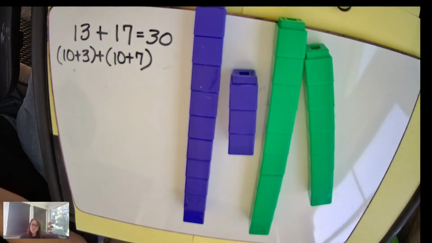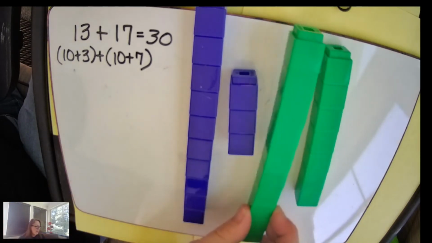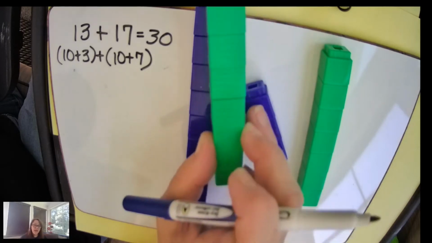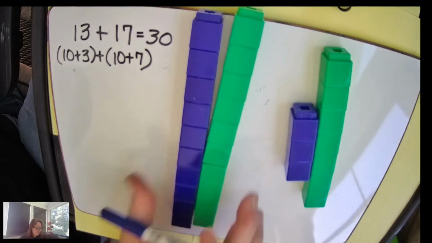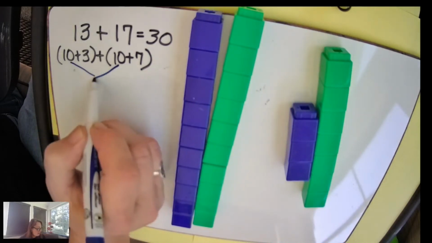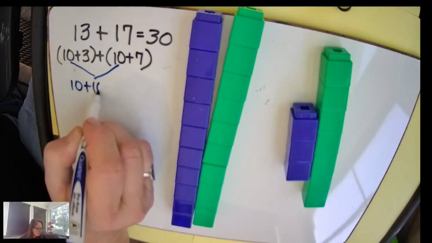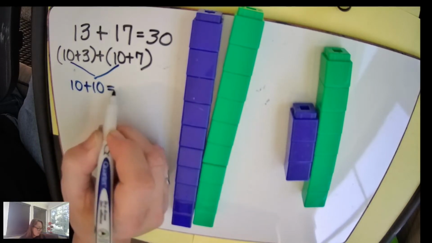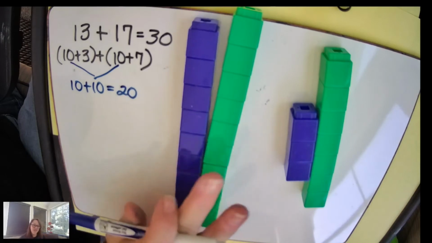Okay, tell us more. All right, so he says he combined the two 10s. So 10 plus 10, which equals 20. 10, 20.